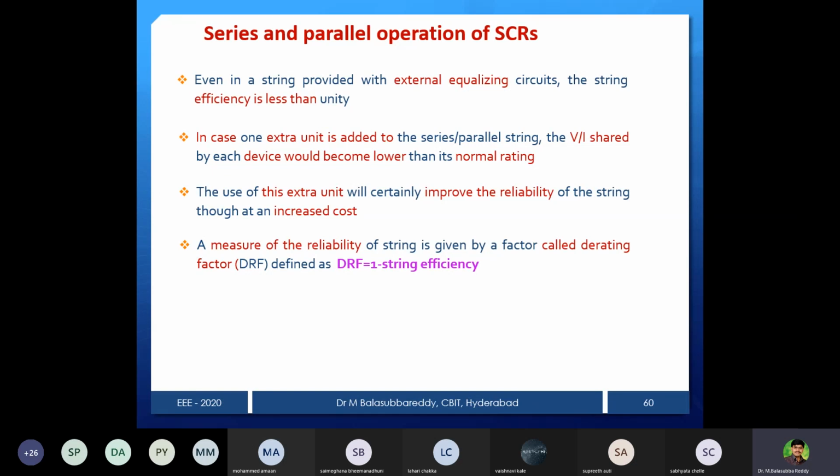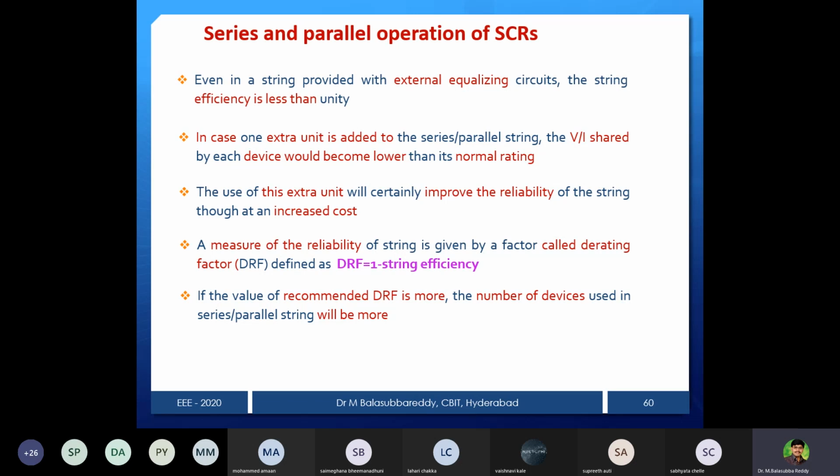Reliability of a string is given by the factor called derating factor: 1 minus string efficiency is equal to the derating factor. If the recommended derating factor is more, the number of devices used in the string will be more.